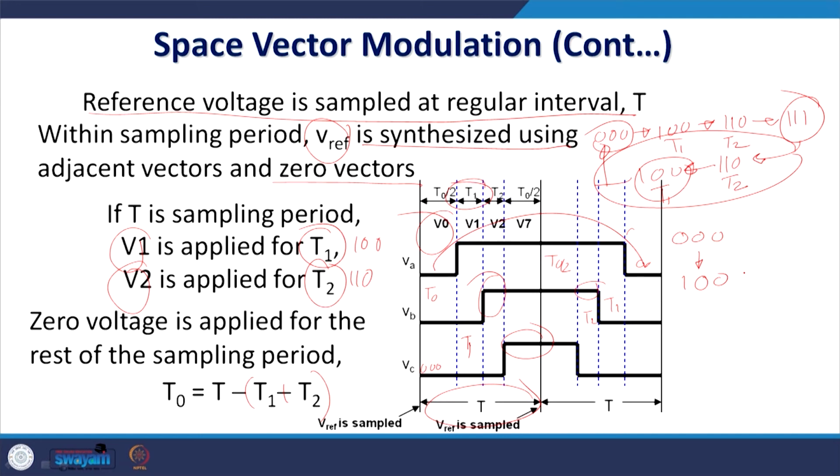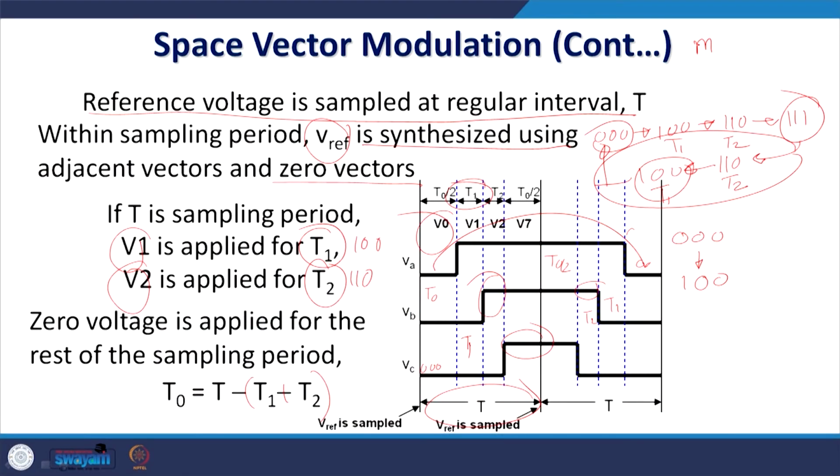But this kind of control in case of the PWM is difficult because the switch will be turning on depending on whether the modulating wave is more than the carrier wave. If the carrier wave is less than the modulating wave, that is fine.